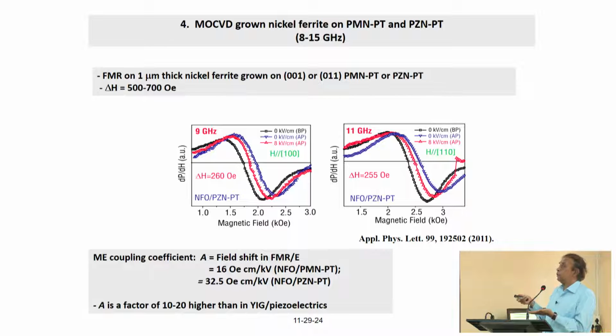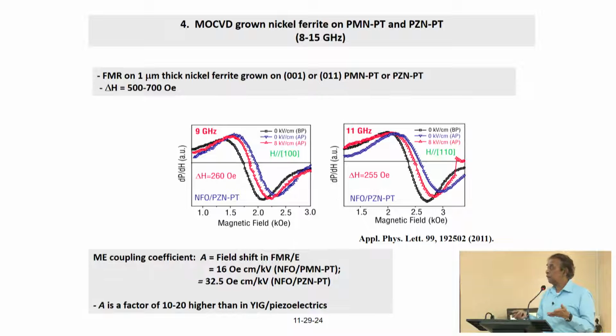It can be magnesium oxide or magnesium aluminate. Then you heat the substrate to about 600 degrees. Then you let the gas flow right on top of the substrate. So the vapor has nickel in it, iron in it. It will deposit nickel ferrite at appropriate conditions onto the substrate, and it is a very slow process.